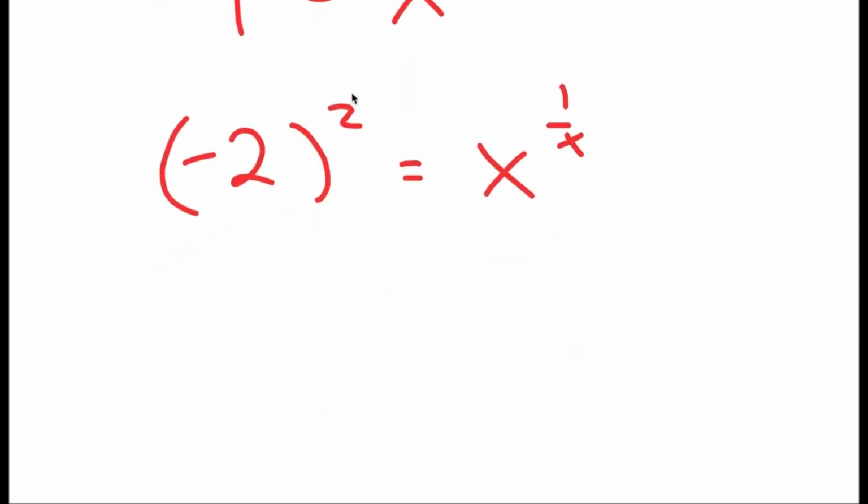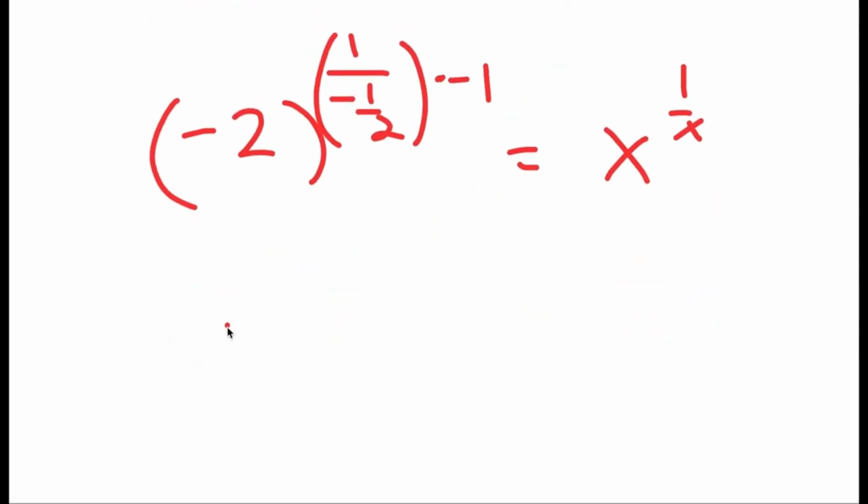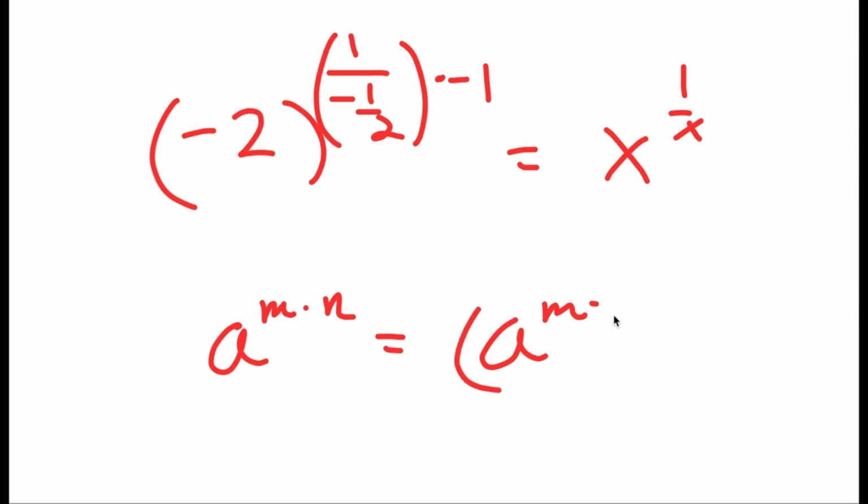And 2, our exponent here, I can rewrite as 1 over -1/2. And I have this times -1. So I have 1 over -1/2 times -1. And remember, if I have something in the form a to the power of m times n, this is equal to a to the power of m to the power of n.